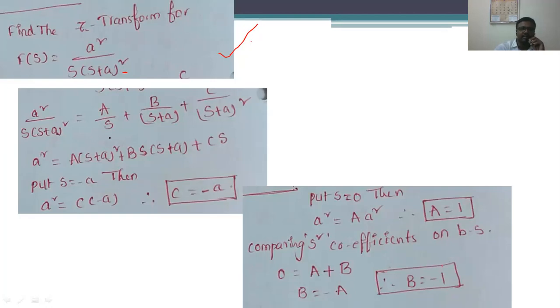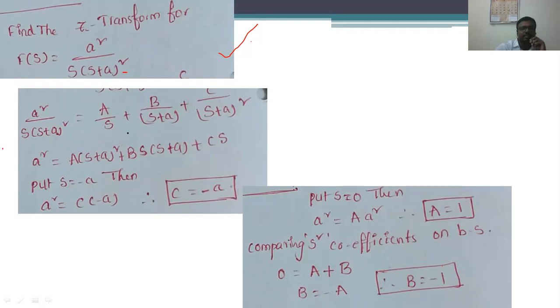Equating this equation and cancelling s(s + a)², we simply get a² = A(s + a)² + B s(s + a) + C s.